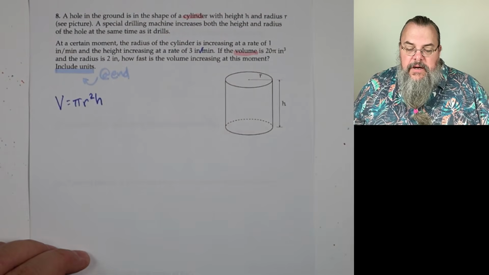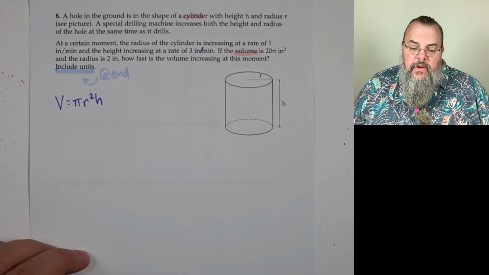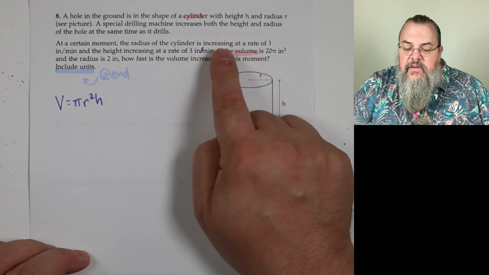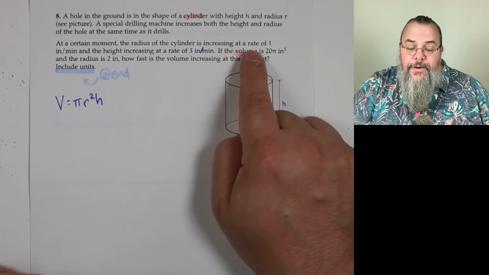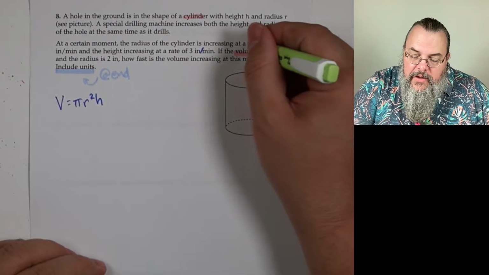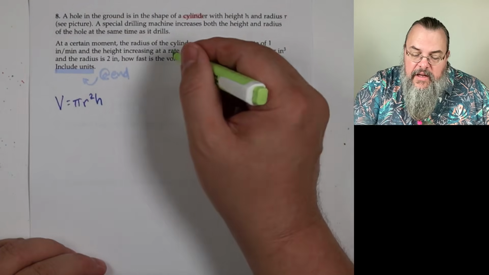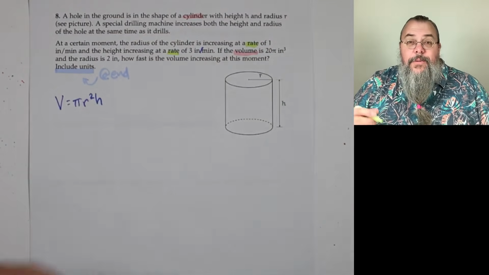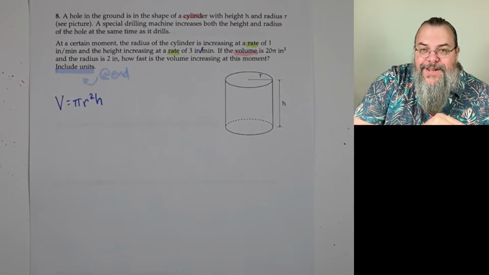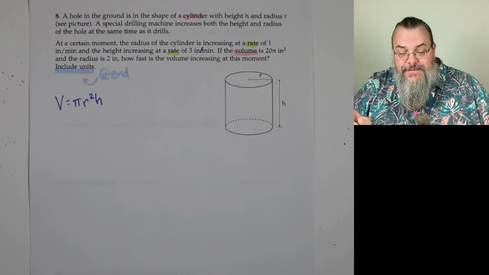Okay, now what else do we see? Well, we see that there's a radius, and it's increasing at a rate. Oh, rate. That's a good word. And I'm going to mark that. And the height is increasing at a rate. Now, why am I marking the word rate? What's another way to say rate? Derivative.